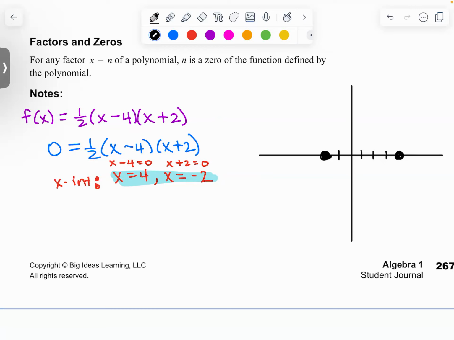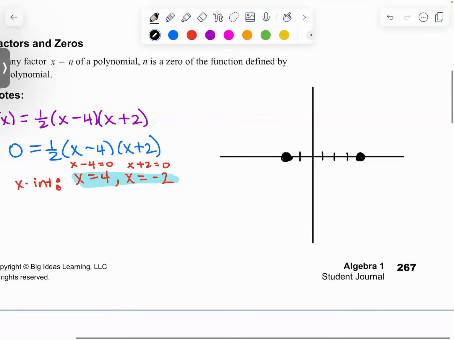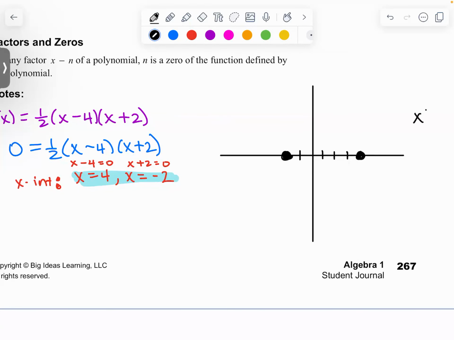Which way is it opening? We know it's opening up. So we know we have the coordinates -2, 0 and the coordinate 4, 0. Now let's talk about where our vertex is going to be.